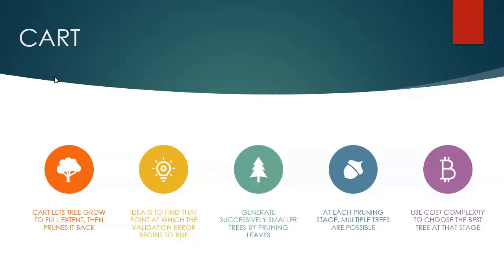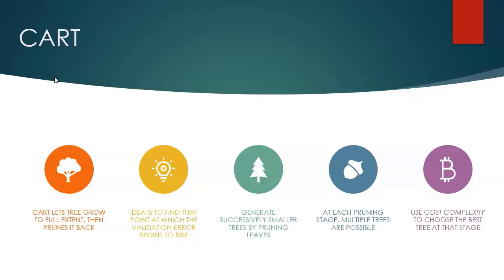Then what we do is that we look at the validation set, and then we look at the accuracy in the validation set. We will be pruning the tree if the gains in accuracy in the validation set are not really significant. So let's say you prune a branch or prune a node, and then the accuracy measures do not deteriorate significantly.